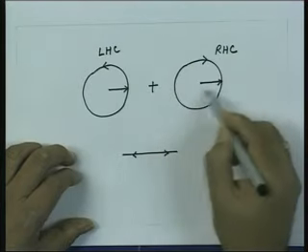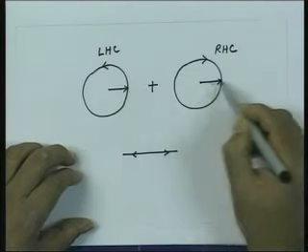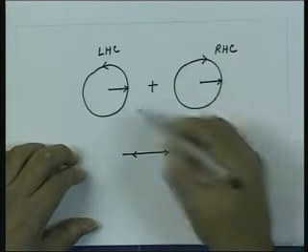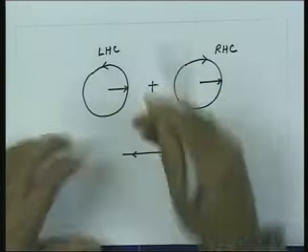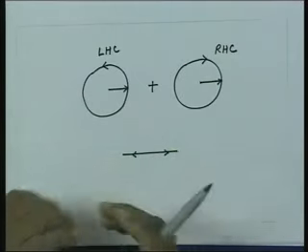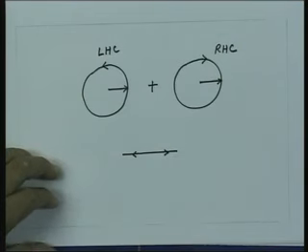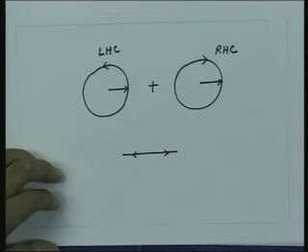Also at some instant of time the two need not be in the same direction. So if I take this here and this here, one can try how different states of polarization can be generated. So what we emphasize here is that by using these two orthogonal states of polarization, we can generate any arbitrary state of polarization.